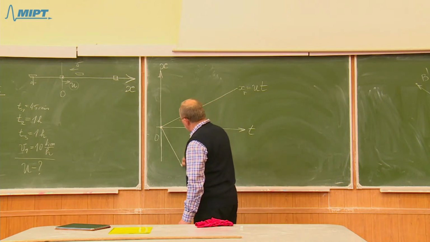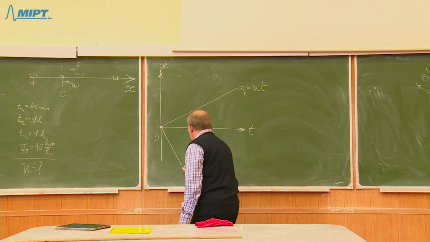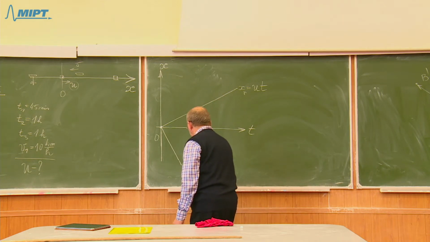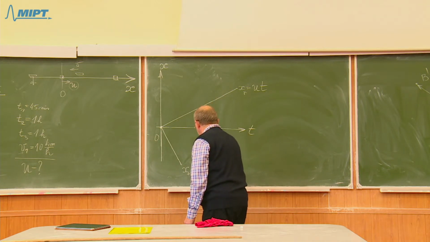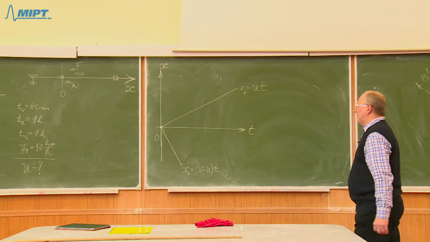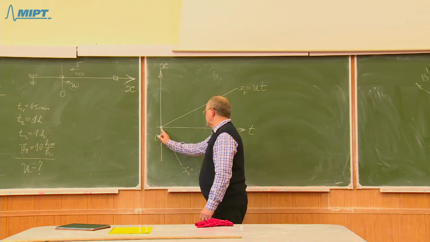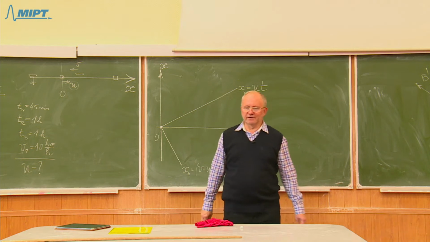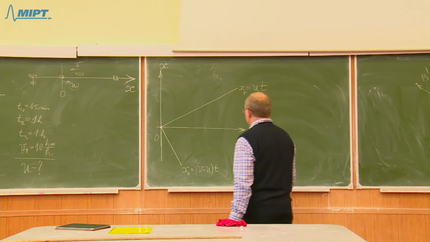So this line is expressed by a formula: the coordinate of the boat equals the velocity of the boat, which is v minus u, times t. That's the equation characterizing this straight line, the uniform motion of the boat against the river stream.